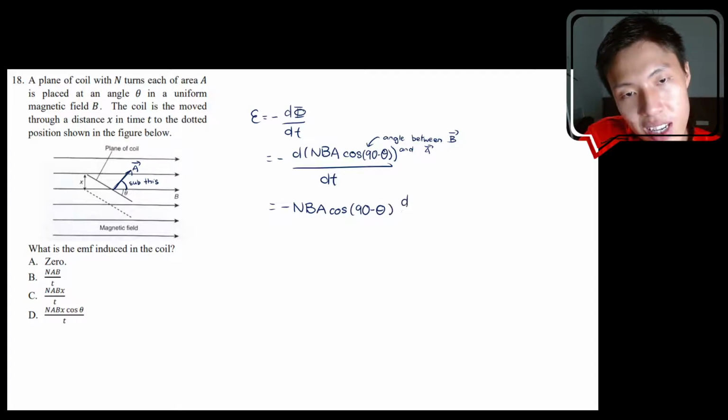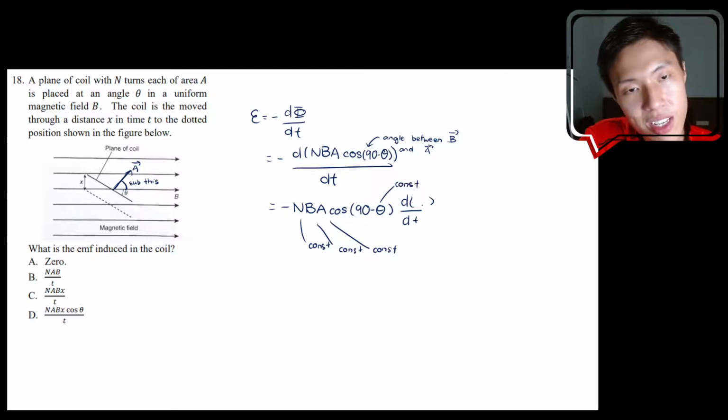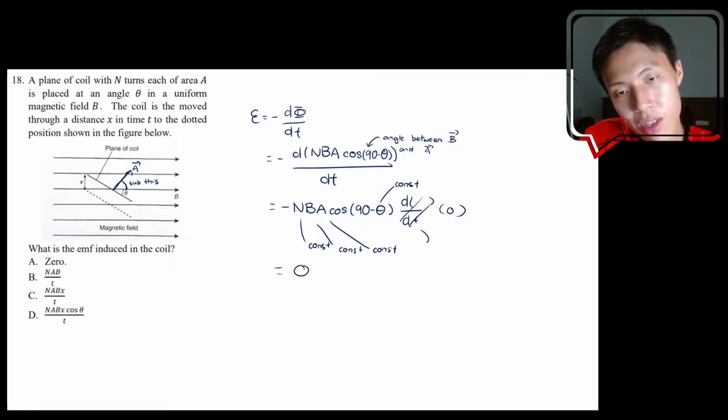So there's nothing over here. This is constant, this is constant, this is constant. If everything is constant, then with nothing over here, it becomes 0.